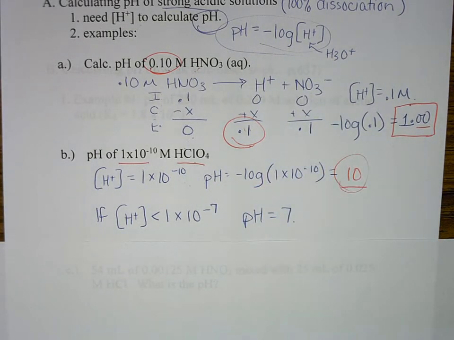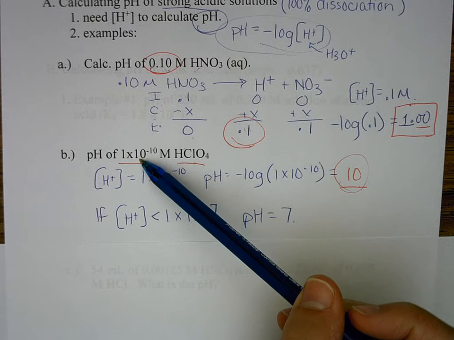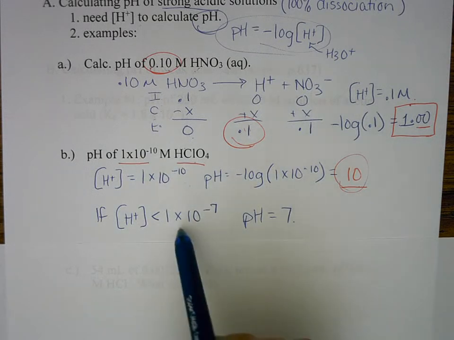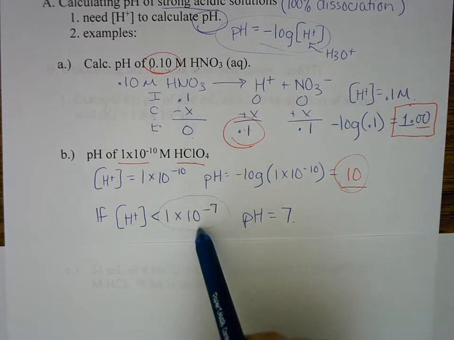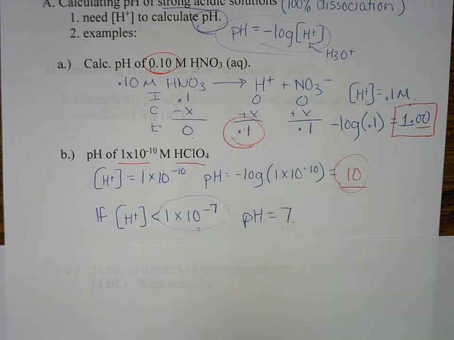It's basically a neutral solution because this concentration is so tiny. It doesn't affect the pH at all. It's almost like it's not even there. So just look for numbers that are smaller than that. If it's smaller than that, there's not enough of it to make it very acidic at all. So it's neutral.